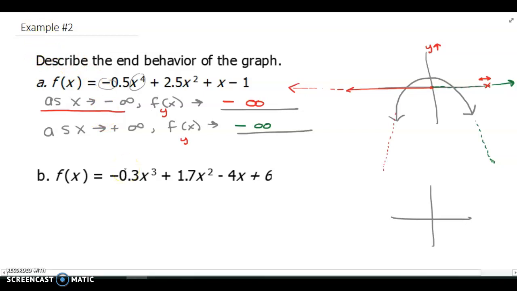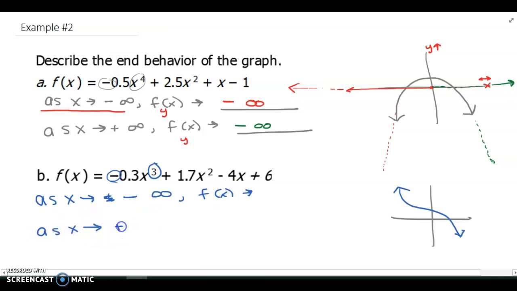All right, with this being odd and this being negative, I'm going to have something like this. So I have 2 parts. As x goes to negative infinity first, f of x goes to something, and as x goes to positive infinity, f of x goes to something.